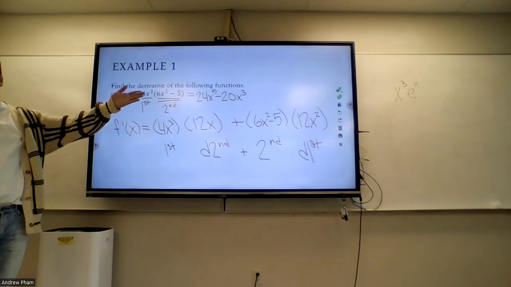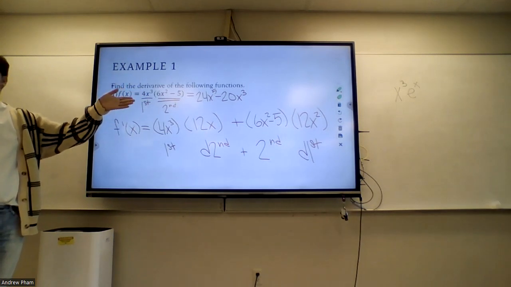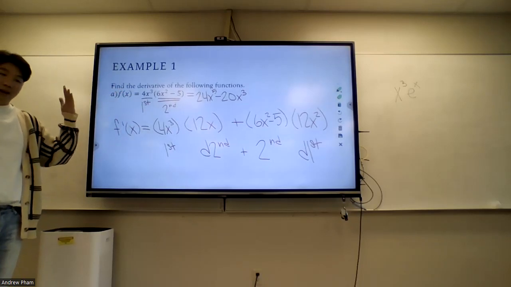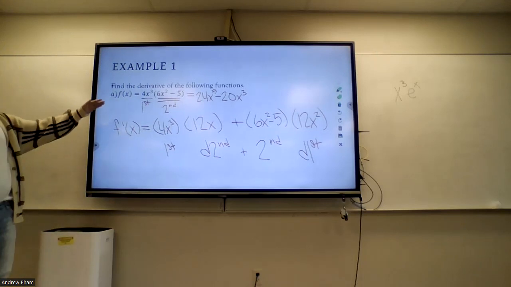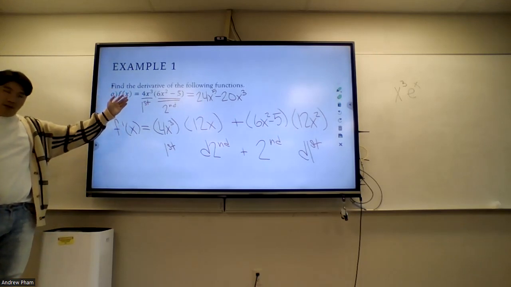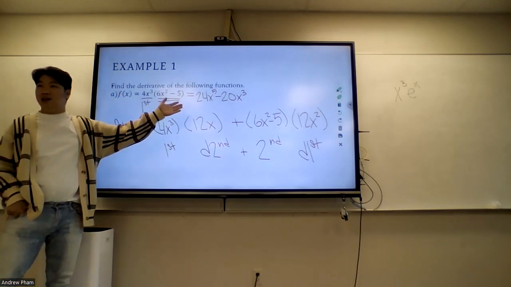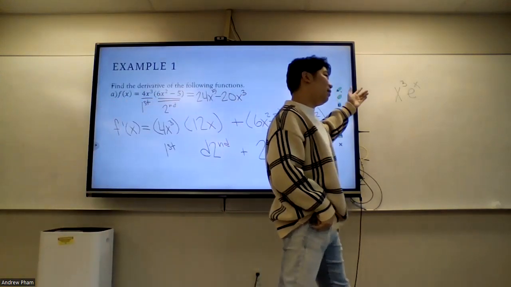For example, something like x cubed e to the x. There's no way I can rewrite that to use only the power rule. In that case, I would have to use the product rule. The reason why here I was able to reduce it down to just the power rule is that I had a polynomial times a polynomial. But we know that there can be more complicated functions.